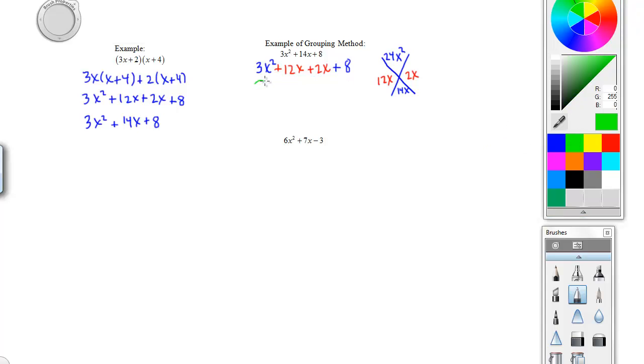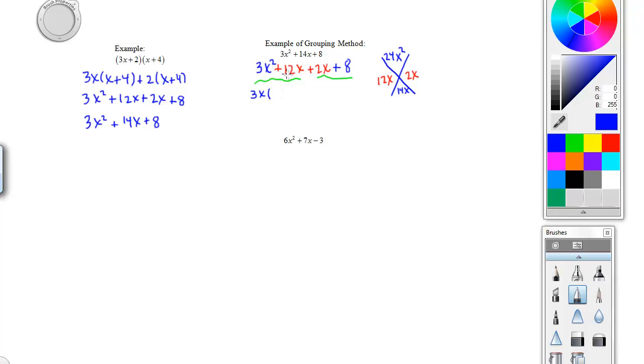and look at these two and these two as two separate problems and take out the greatest common factor out of both of these. So if I do that, 3x squared and 12x each have a factor of 3 in them, and x squared and x both have a factor of x.